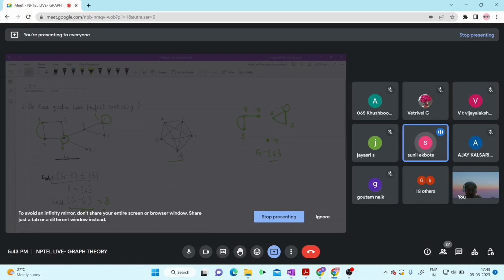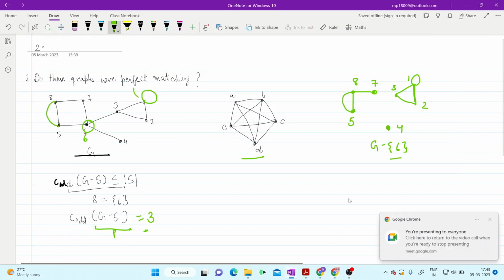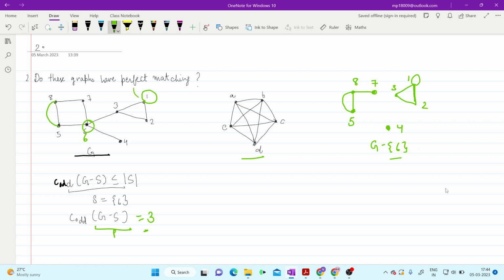Is one, two, three an even component? No, it is odd, because the number of vertices is still 3. But the degree is six, no?